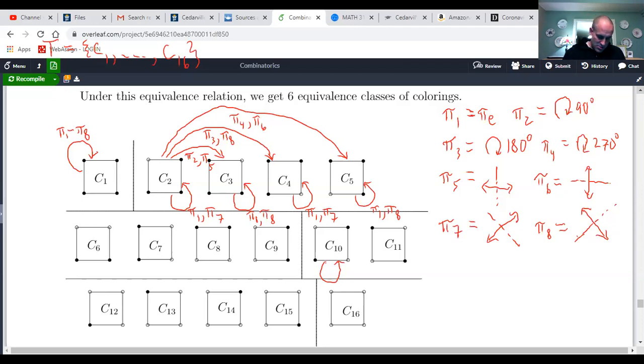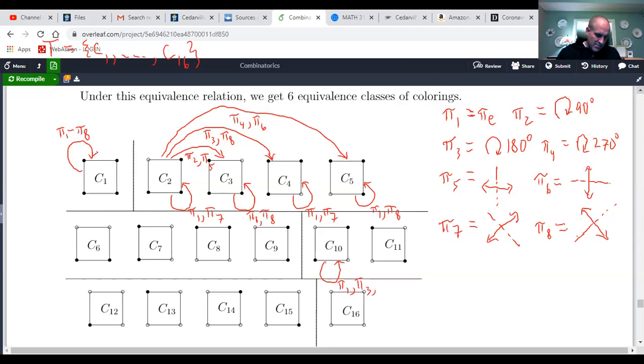Well, as usual, we have pi 1, that fixes everything. What else fixes this thing? Well, certainly not pi 2, but pi 3 does. Certainly not pi 4, right? Because pi 4 would rotate by 270 and put that white vertex below where it started.